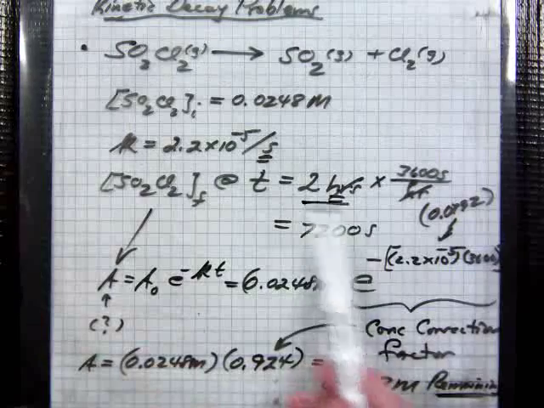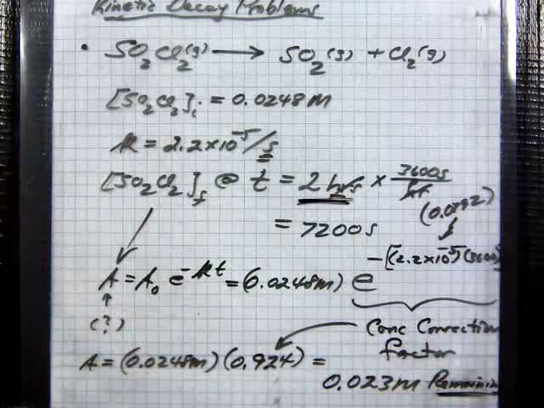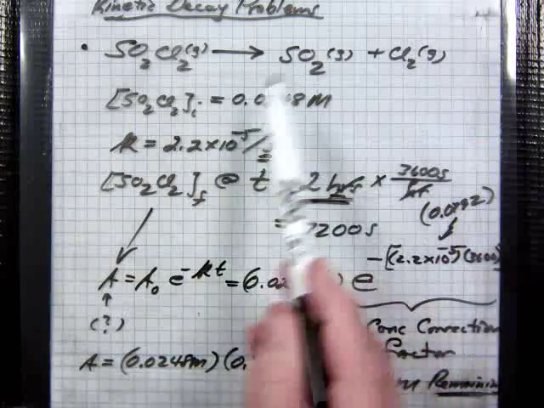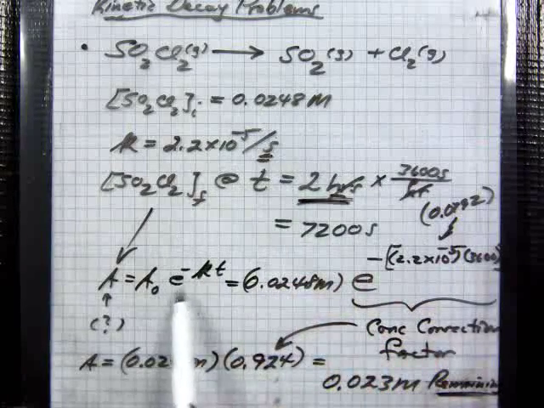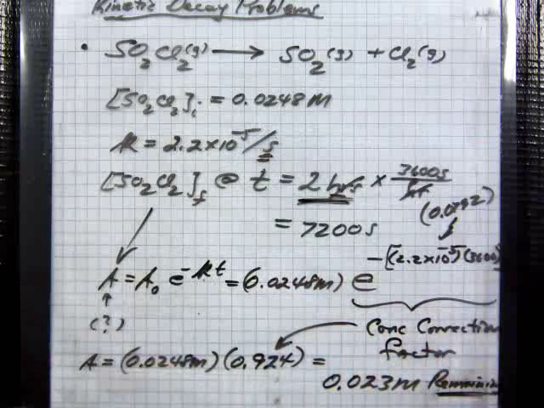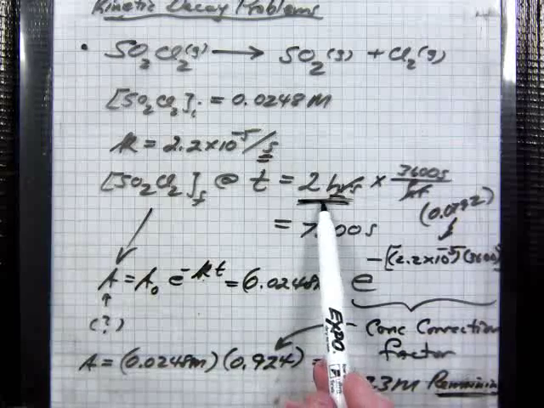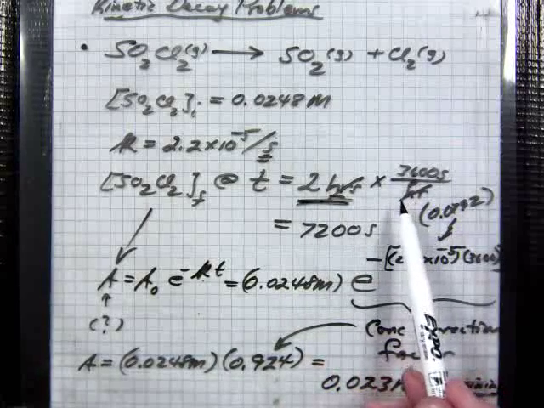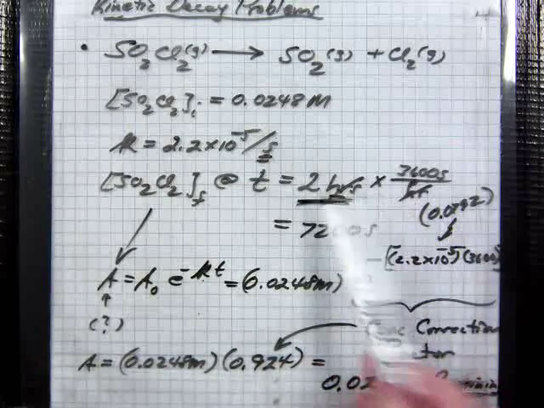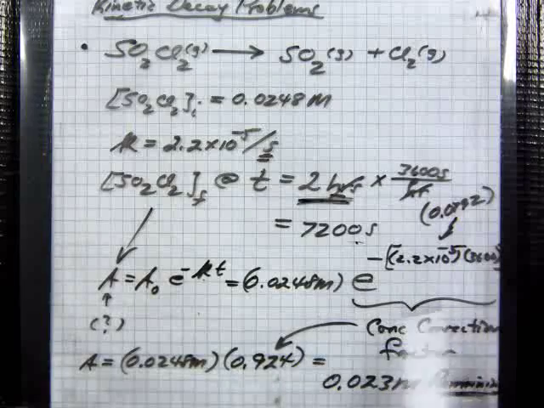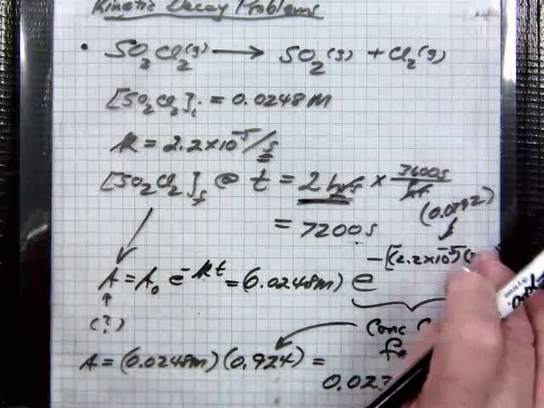Was given 2 hours, okay? So when we use the K expression here, time and the K value have to be in the same units, same dimensions. So we were given 2 hours, so I multiplied by 3,600 seconds per hour, 60 times 60, times 2, and that gives you 7,200 seconds. So when I work the problem, did I put 3,600 in there?